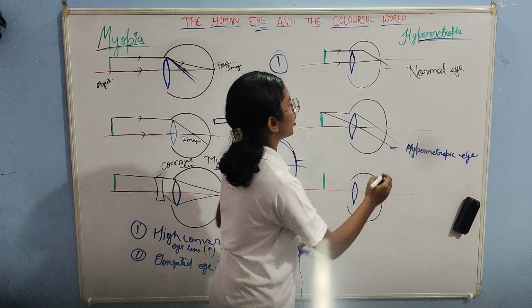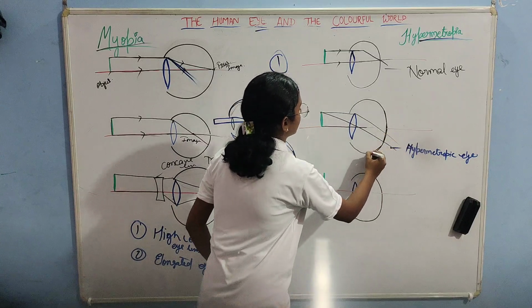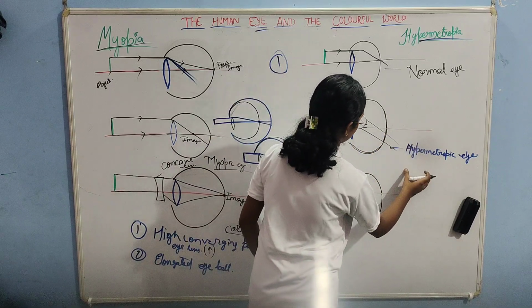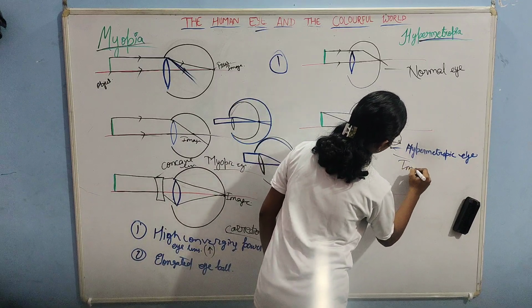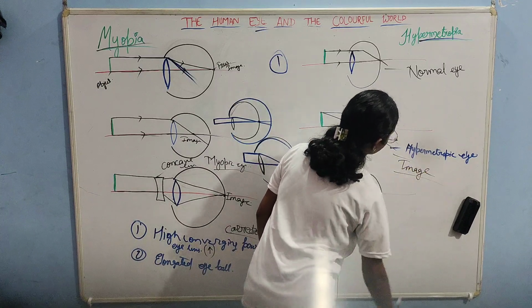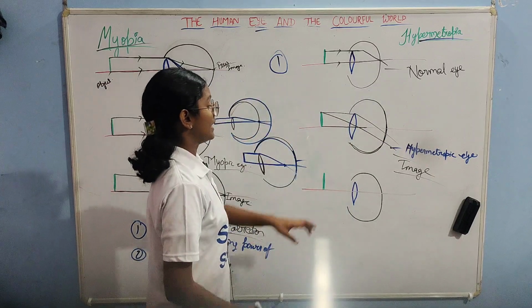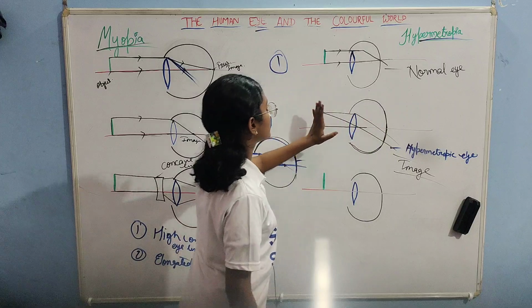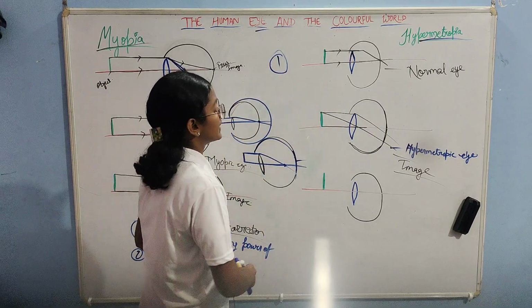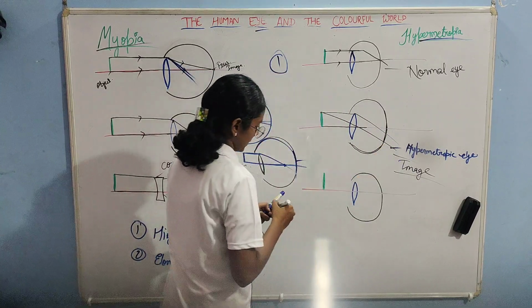Means the image will not form on the retina. The image will form beyond the retina. That means the image will form after the retina. If the image is not clear on the retina, it means that the things which are near to us will become blurred to our eye.